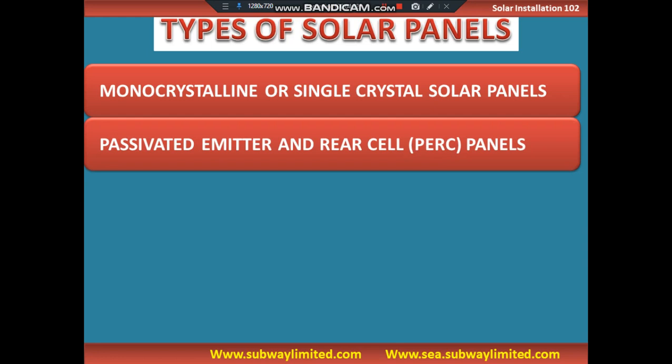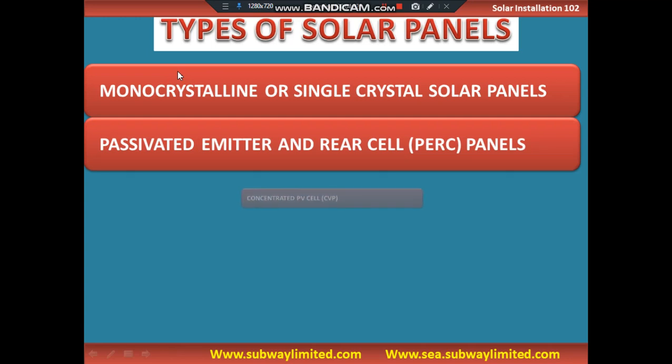And one of them is the passivated emitter and rear solar panel. Its efficiency is better than that of the conventional monocrystalline solar panel.